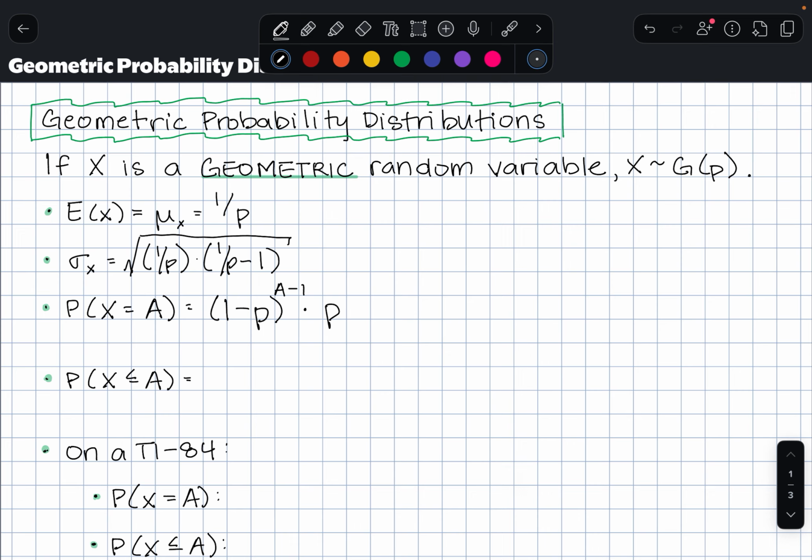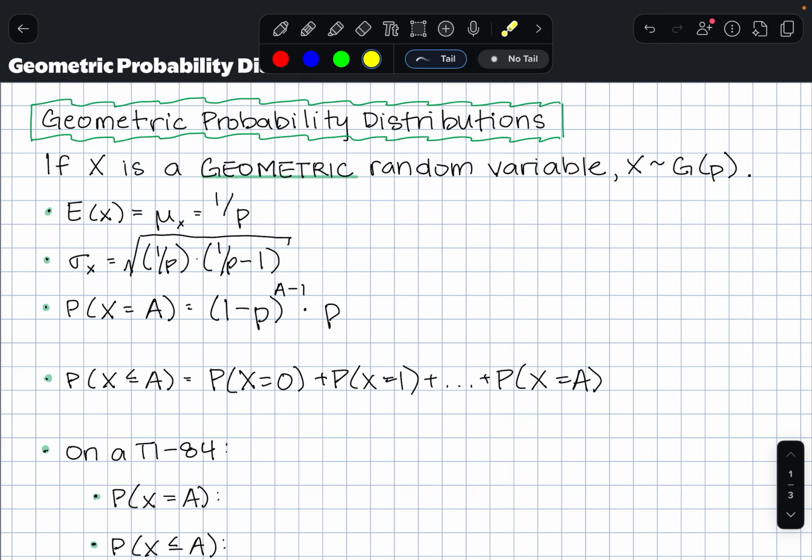For less than or equal to A, it's the same idea that we saw with binomial. I'm going to add up all of the probabilities for x equal to 0, x equal to 1, all the way up to x equals A. And this, just like binomial, is cumulative.